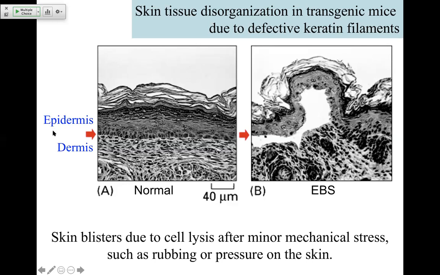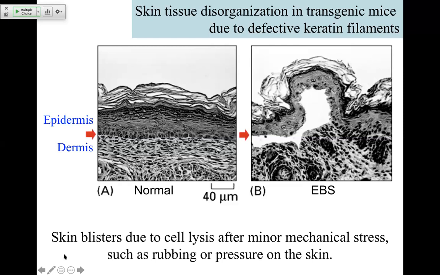And so what we're seeing is in normal skin, we have these multiple layers of epidermis, but in someone who has a disorder of defective keratin filaments, any type of rubbing or minor pressure on the skin is going to cause breakage of those cells that are attached to this basal lamina. Those cells will be disrupted, forming blisters.